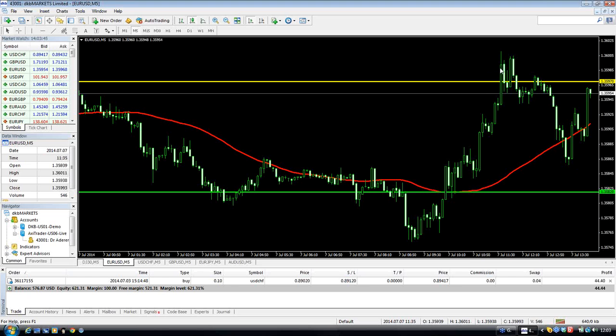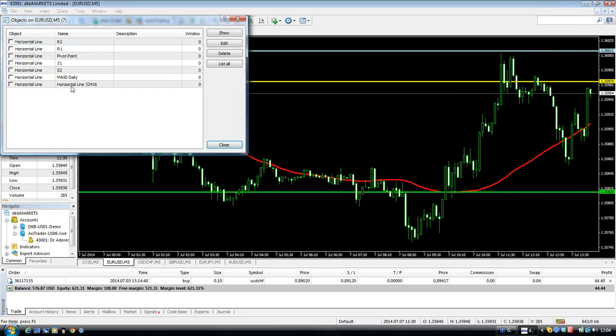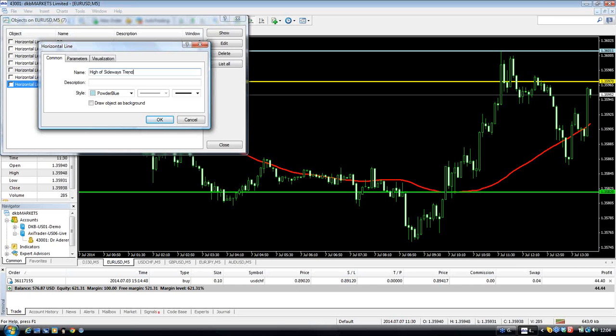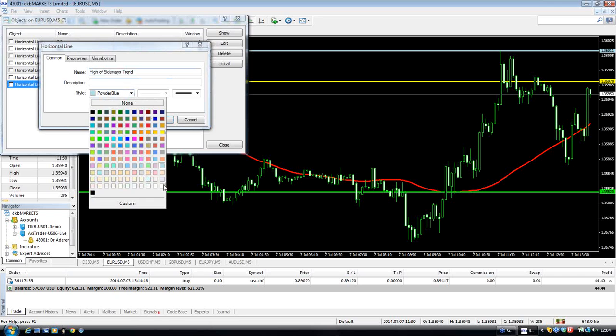So again, I'll just put my white lines there. The high of that candlestick is 1.3601, and that's the high of the sideways trend. Again, I'll make that white.